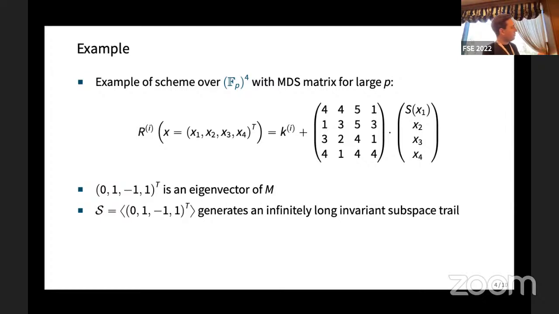For example, if we choose some input subspace which is generated by an eigenvector of this matrix here, then you can also see that there's a zero here, so the Sbox is not activated in the first word. So essentially, if we have some element of this subspace and we apply this round function, then the result will also be an element of the subspace, and we can do this an infinite number of times, and the result will always be an element of the subspace.